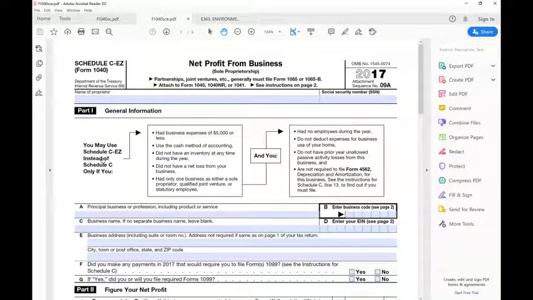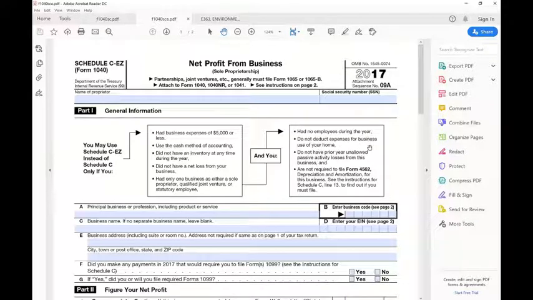You may use Schedule C-EZ instead of Schedule C only if you have business expenses of $5,000 or less, use the cash method of accounting, didn't have an inventory at any time during the year, didn't have a net loss from your business, have only one business as either a sole proprietor, a qualified joint venture, or a statutory employee, and you have no employees during the year.